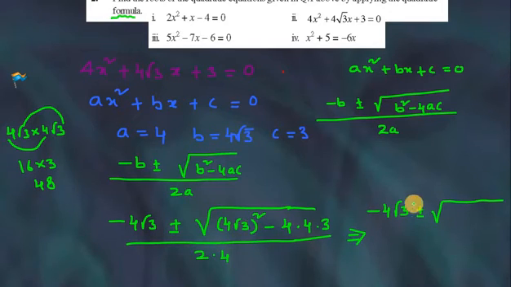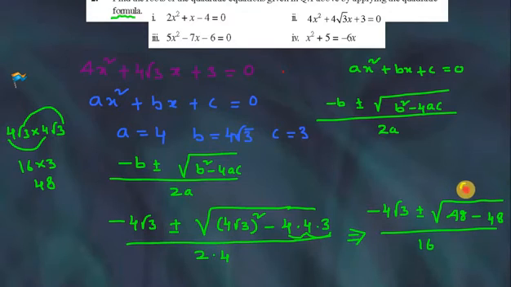So 4 root 3 whole square, I am writing it as 48, minus, again we have here 16 3s are 48 whole by 2a, that is 16. So anyhow this total value becomes 0.